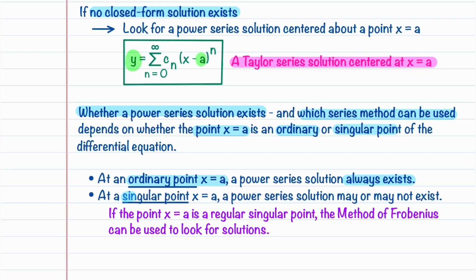However, at a singular point x = a, a power series solution may or may not exist. If the point x = a is what's called a regular singular point, and we'll talk about this in a minute, the method of Frobenius can be used to look for solutions. The next video in this series is going to go over that method.